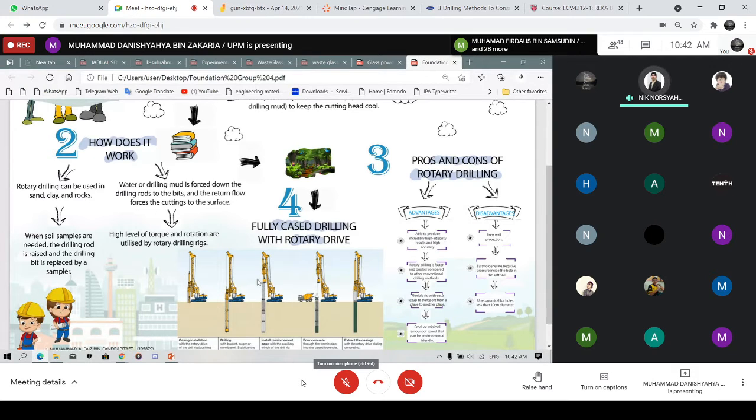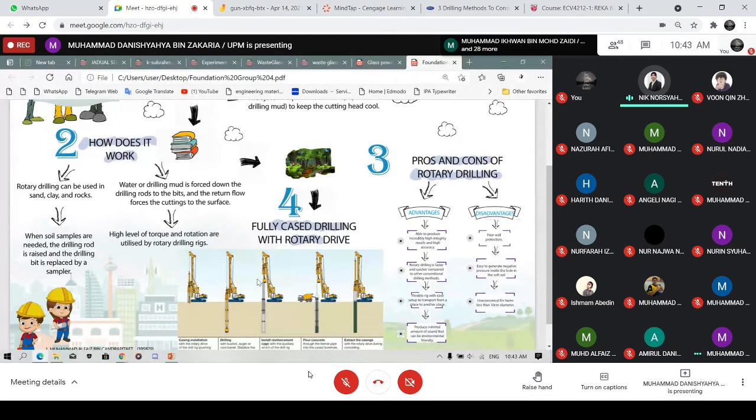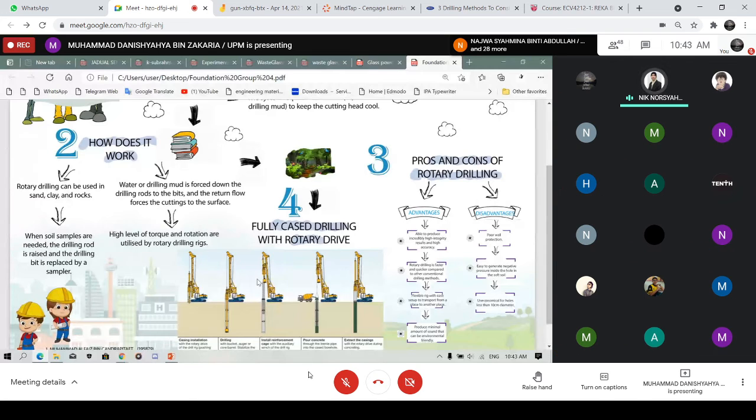There will be a varied depth for each method, so as an engineer, you need to decide which is best for your site, based on your topography map and the surrounding environment. Just try to figure out the depth for each of the methods.